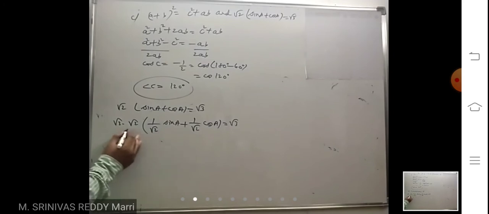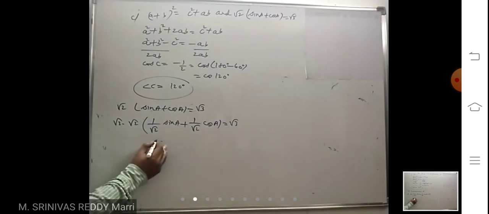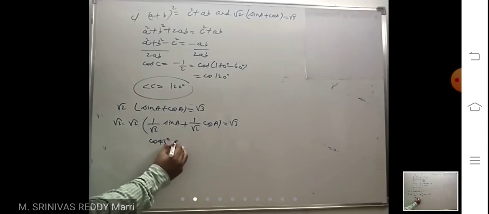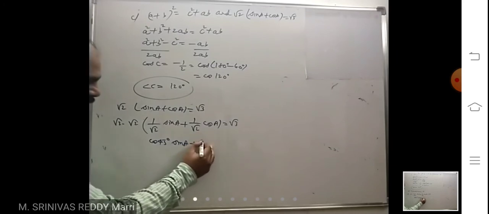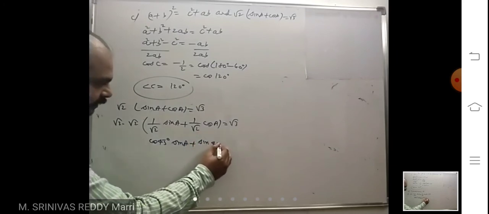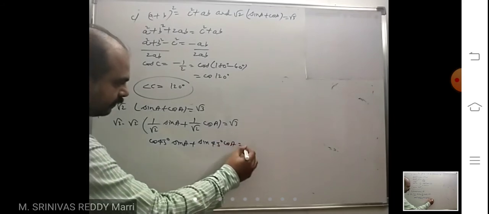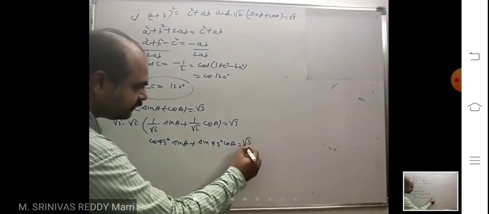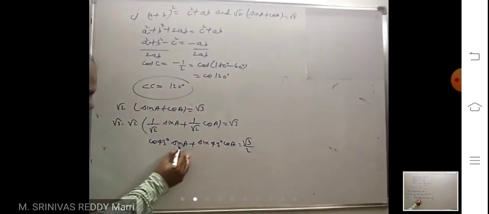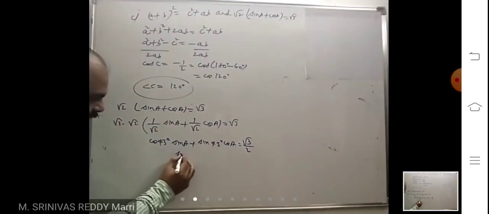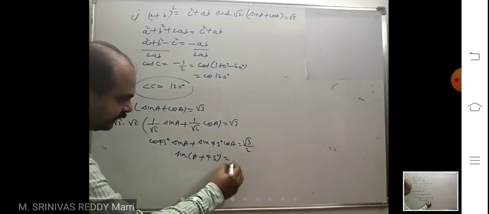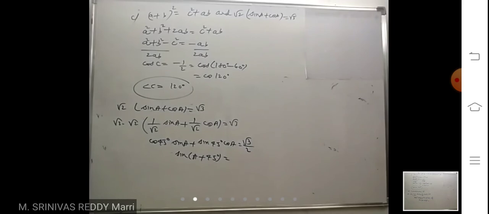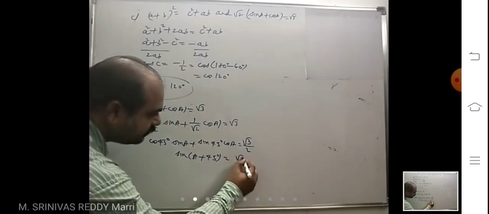Now this is 2, bring that to this side. So this is sin A. I am writing this as cos 45 degrees sin A plus sin 45 degrees cos A. This 2 I am bringing to this side, √3 by 2. So this is nothing but sin A cos B plus cos A sin B, so sin(A + 45°) equals √3 by 2.